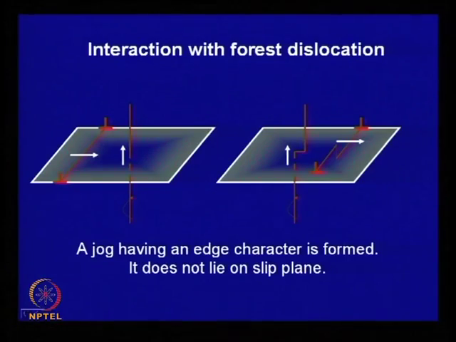So, this will act as an obstruction to the movement of the dislocation, and this jog dislocation can nevertheless move if vacancies can migrate to this jog. Then this portion will move in a non-conservative manner, whereas this will be the normal glide motion.